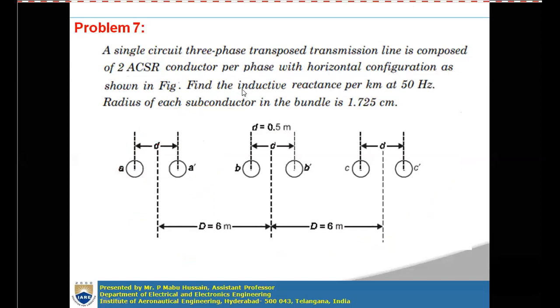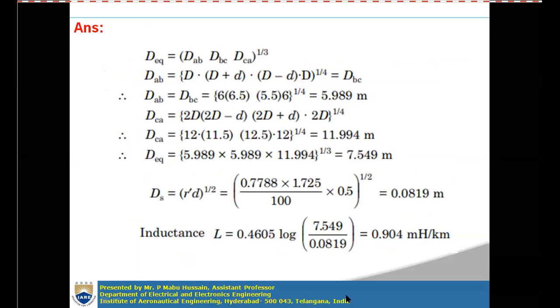Right, you have calculated both values Dm and Ds. Then finally you substitute those Dm and Ds values in the given formula, so that you will get the inductance of the line, which is 0.904 millihenries per kilometer.